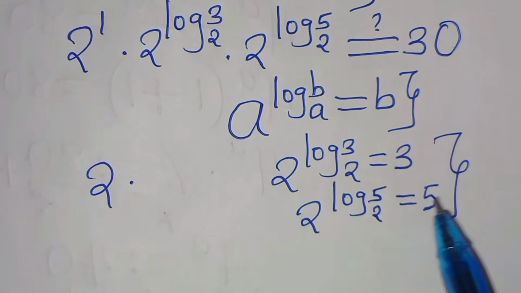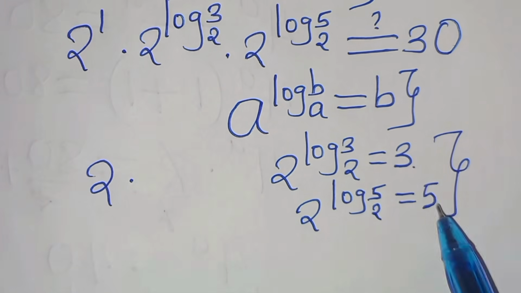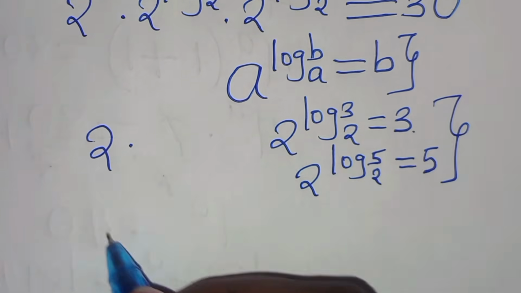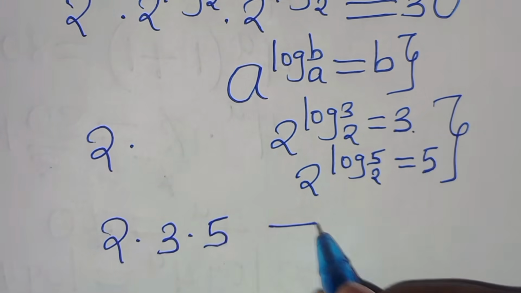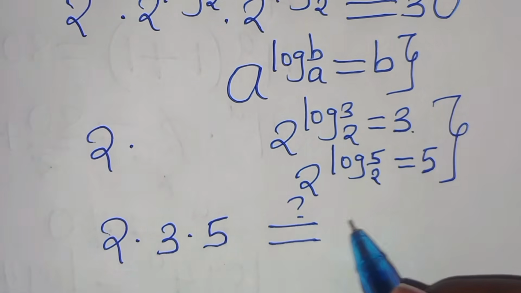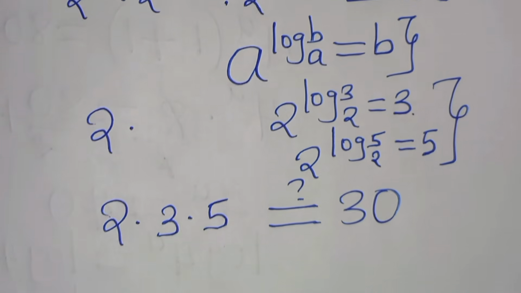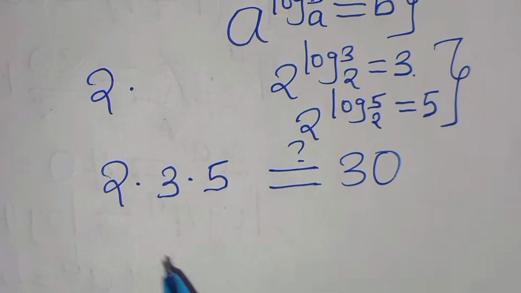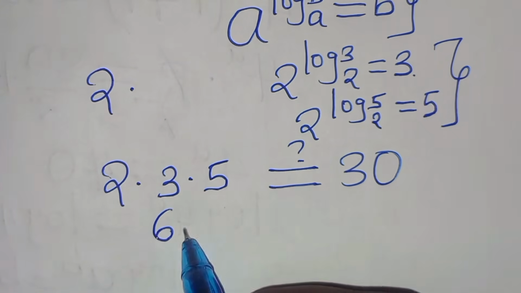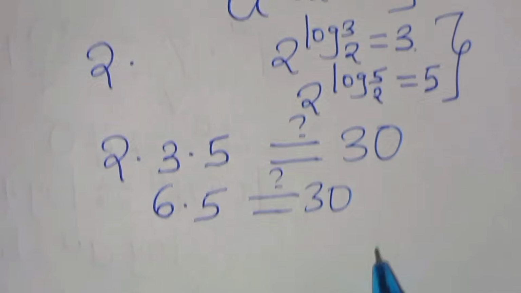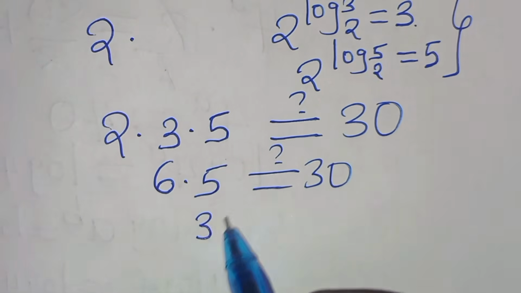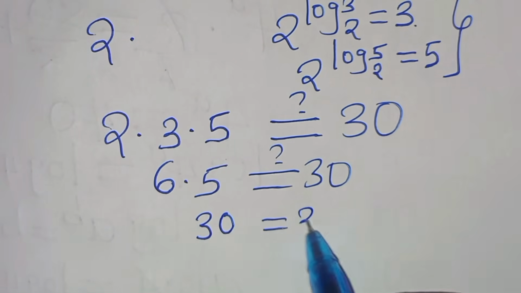So let's substitute 3 and 5 into the equation. We have 2 times 3 multiplied by 5, which is 6 times 5. Of course, 6 times 5 is 30, which is equal to 30.